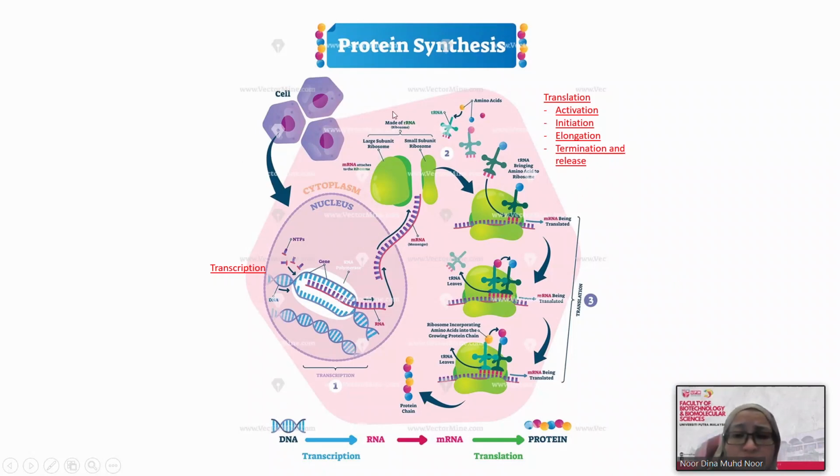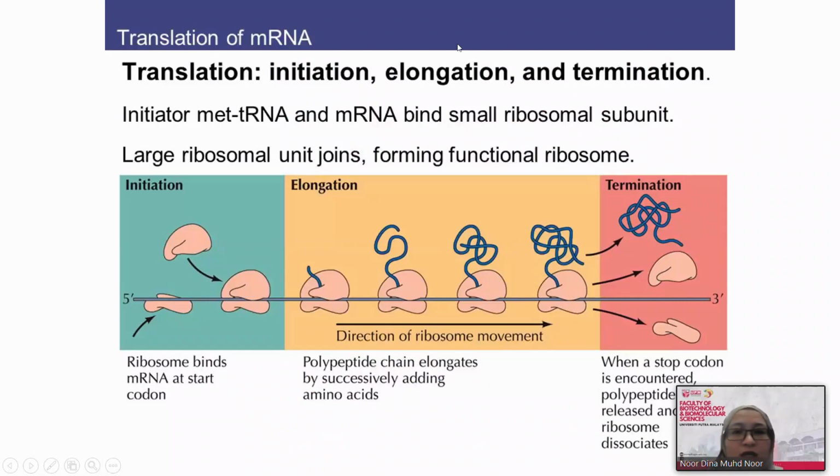And so these figures here we can simplify, on how this DNA is transcribed into RNA, and then we have this sequence of the mRNA to be translated, and we get the long polypeptides of protein.